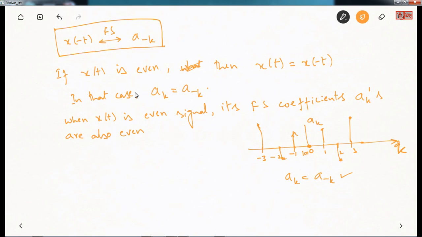Okay, and if it is even and real, yeah. And what happens when x of t is real? We'll see more of these things in exercises or in further examples. But now the fourth property, time scaling.